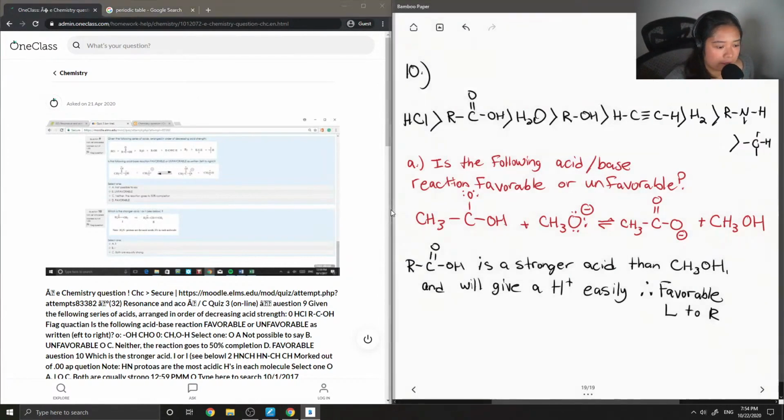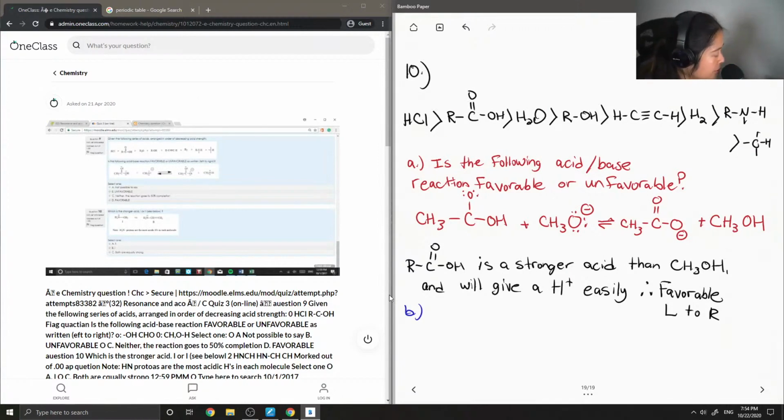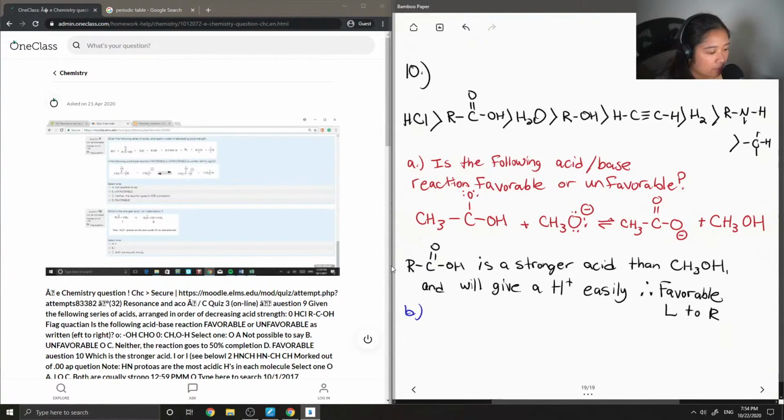Okay, so let's look at part B of this question. It says, which is the stronger acid, 1 or 2? See below. Okay, so let me write out these two options. So on the left, we have NH2, nitrogen with a lone pair, sorry.